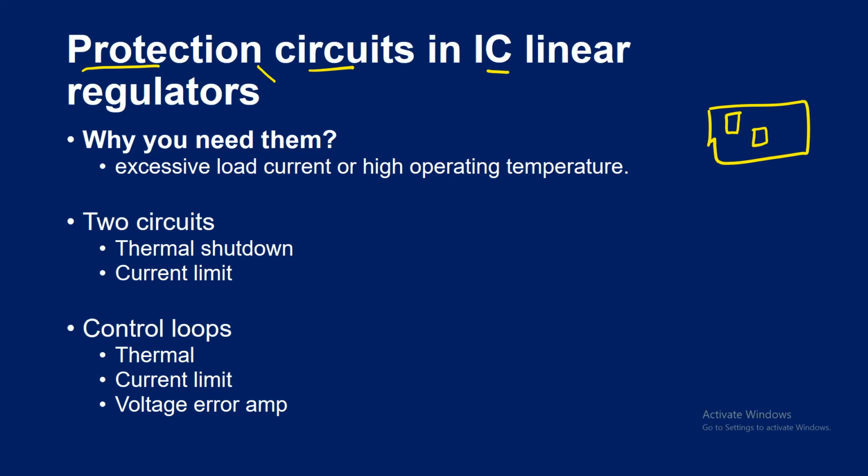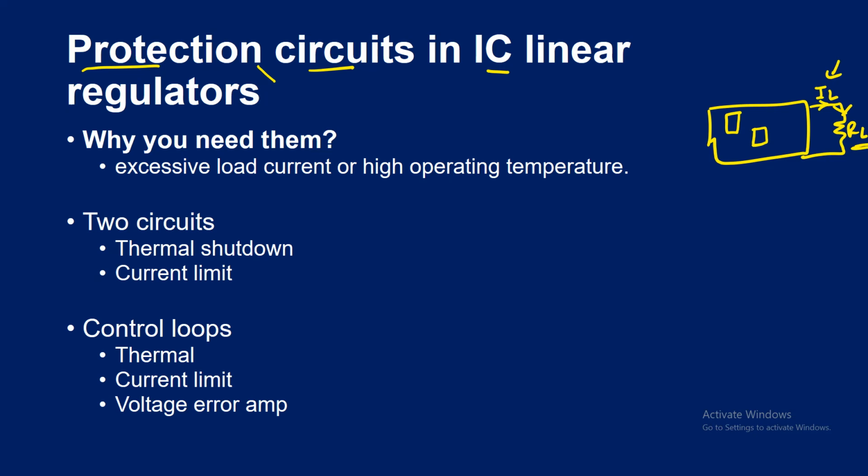Imagine you are connecting the regulator to the load, and this load current is being drawn by the load. If there is a very heavy load current beyond its specified rating, you need to control and limit it to a sufficient value to avoid damage to the regulator or to the load.